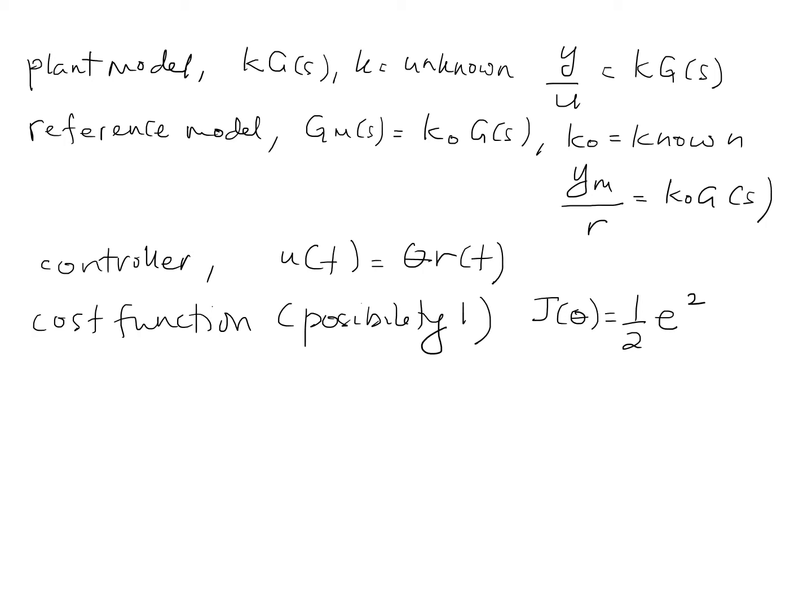You may choose either possibility 1 or possibility 2; it's up to you and the suitability of the solution. So J(theta) equal to 1 over 2 error squared, so dJ over de is equal to e. To design the MRAC controller, we must aim to find the adjustable parameter theta.